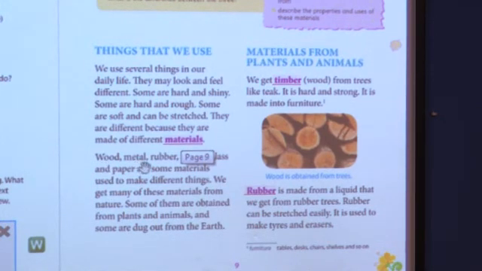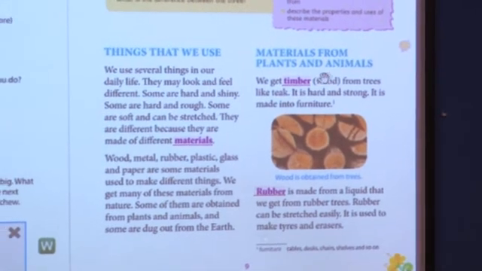Wood, metal, rubber, plastic, glass, and paper are some materials used to make different things. We get many of these materials from nature. Some of them are obtained from plants and animals, and some are dug out from the earth.